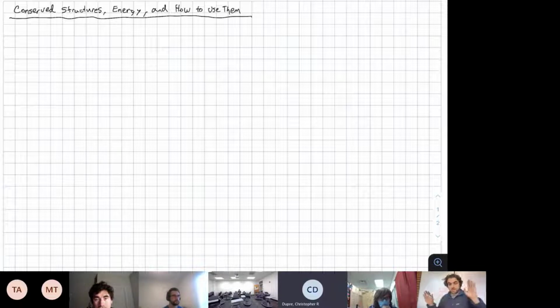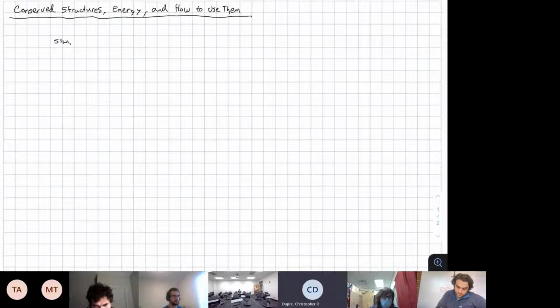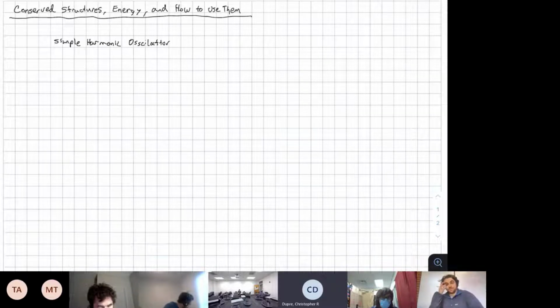Okay. So I'm going to start incredibly basic. The simplest dynamical system you've probably ever seen, which is the simple harmonic oscillator. I almost feel like it's a meme how often we talk about this thing, but it really is a foundational example in this field, and so I think it's worth talking about.